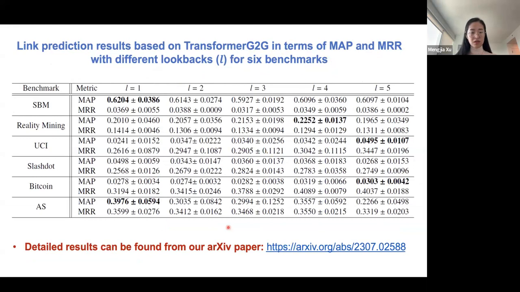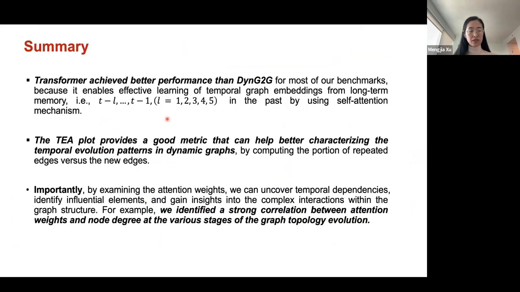If you want, you can see more updated experimental results in the arXiv paper. We can see that using the TransformerG2G approach, we get some improved results, but for SBM we didn't get a better one, since it is a highly smooth benchmark.